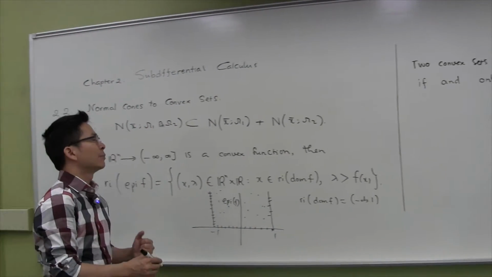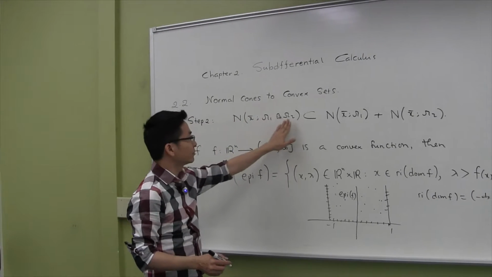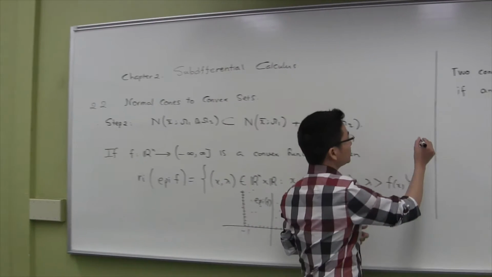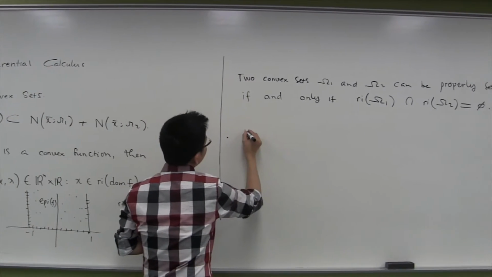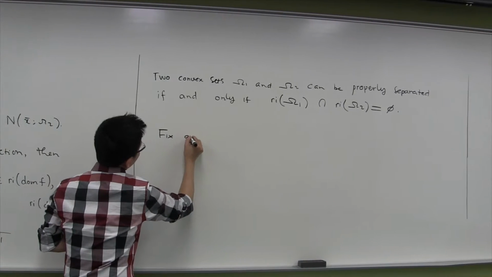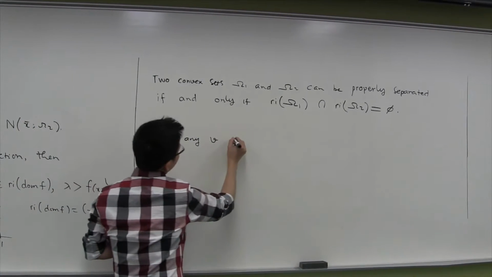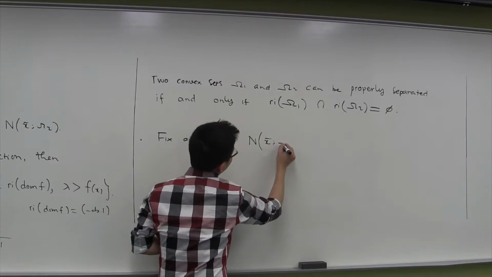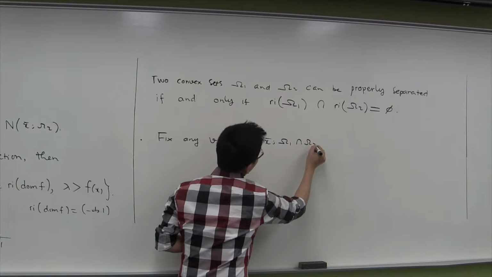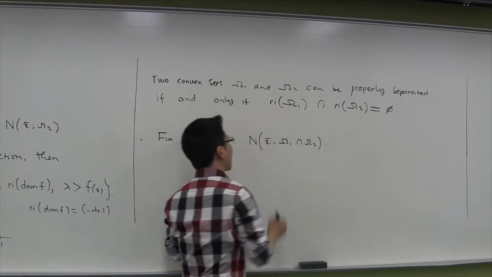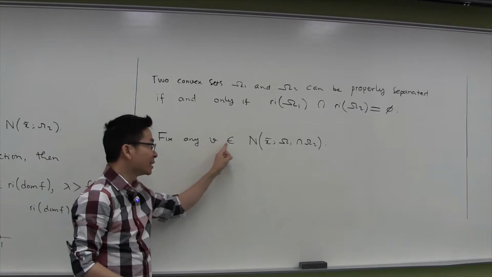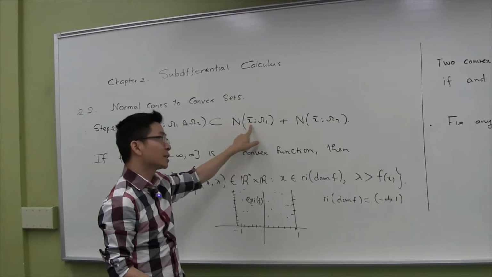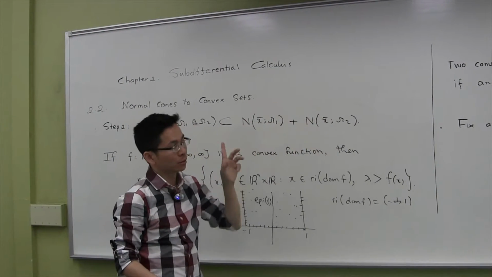Now let me finish the proof of this inclusion in several sub-steps. Here we fix any v in the normal cone to the intersection of omega 1 and omega 2 at x bar. Our goal is to represent v as the sum of v1 plus v2, where v1 belongs to this normal cone and v2 belongs to this normal cone.